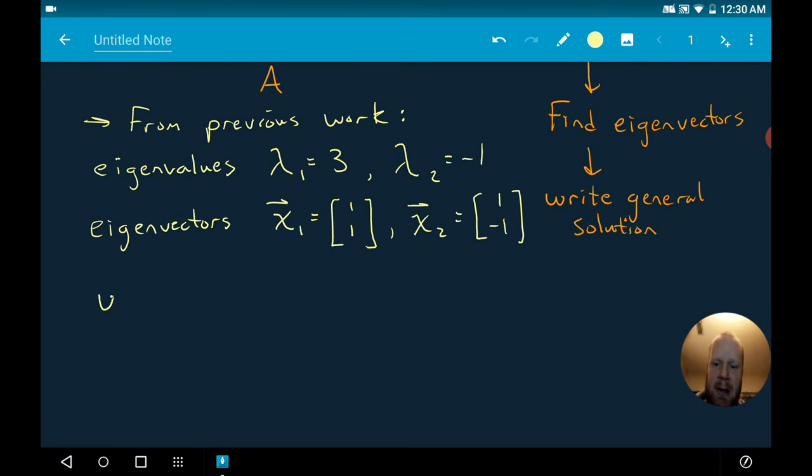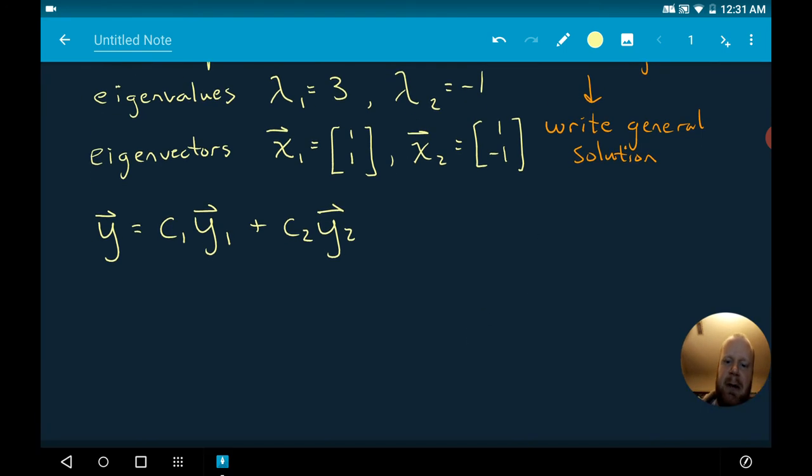So in this case, the general solution, which is going to look like y vector, is going to be c1 y1 vector plus c2 y2 vector. So very familiar from what we saw in chapter 2. This time we're just looking at vector solutions instead of just single formula solutions.